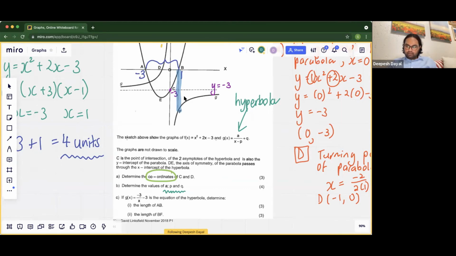BF. So we know that the point F here is 1 and something. We don't know the y value, but we know the x value is 1, right?